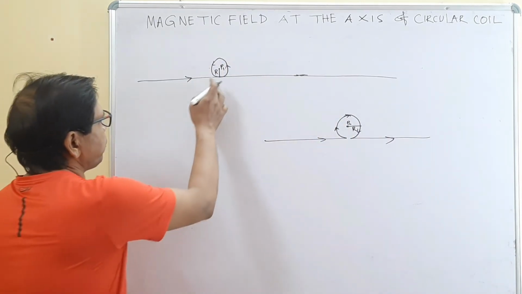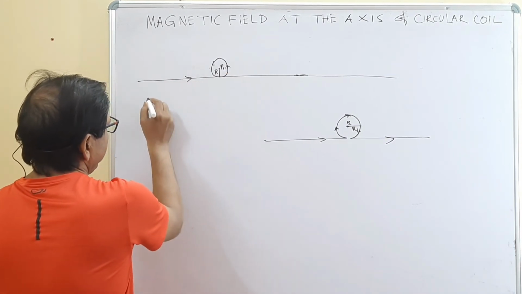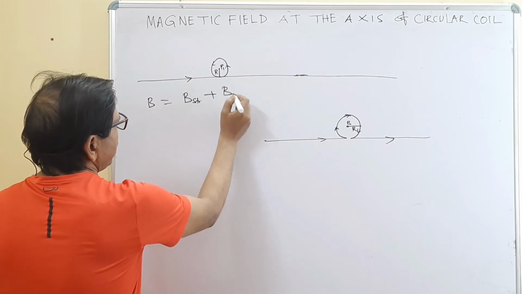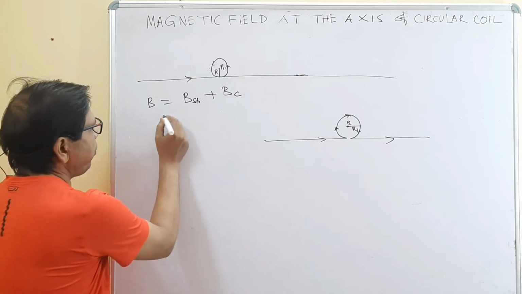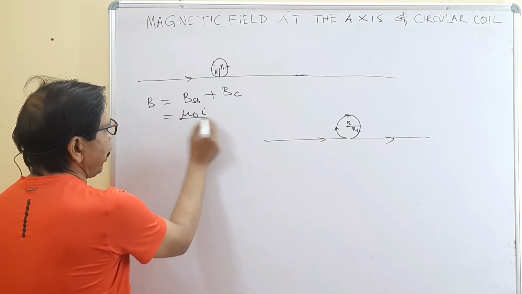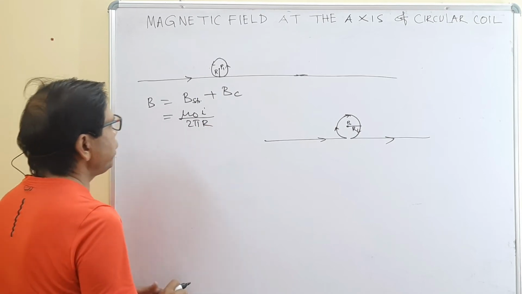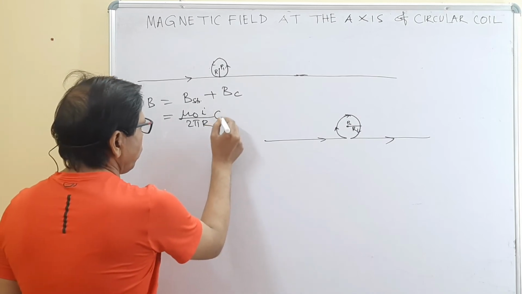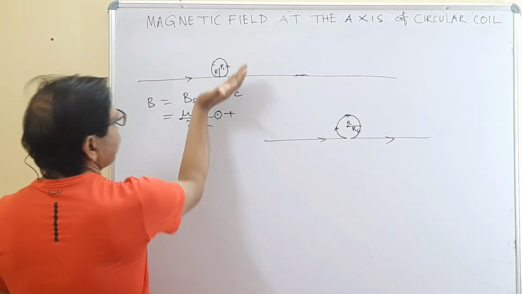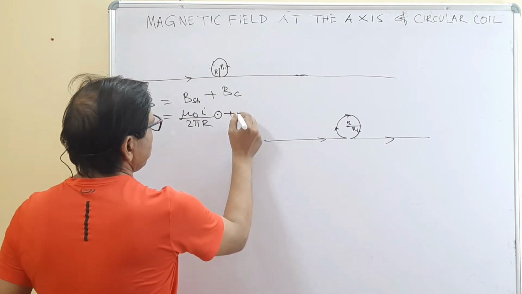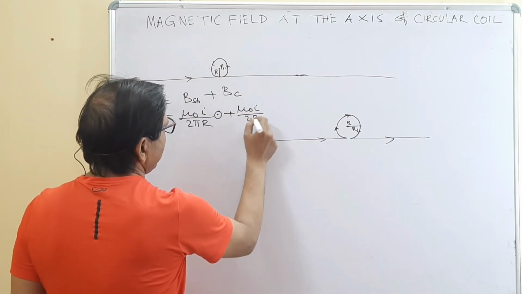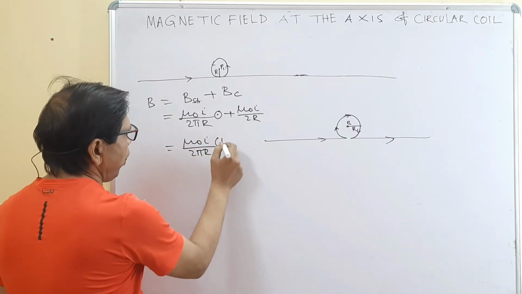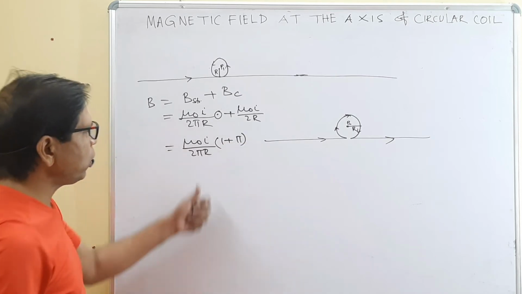Now the magnetic field at this point, B, equals the magnetic field due to the straight conductor plus the magnetic field due to the circular coil.